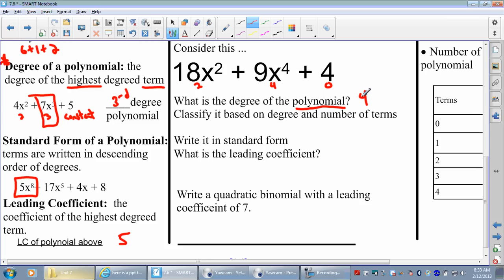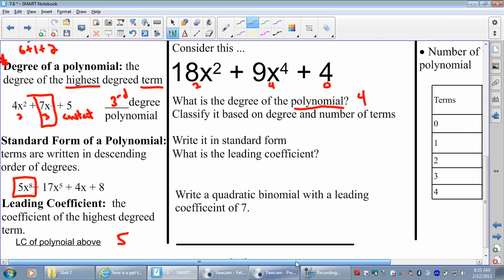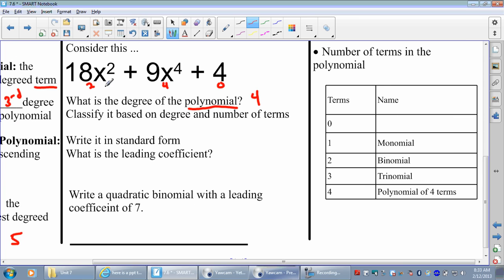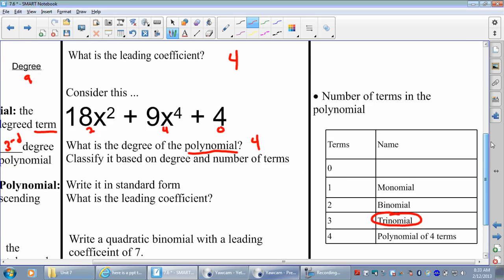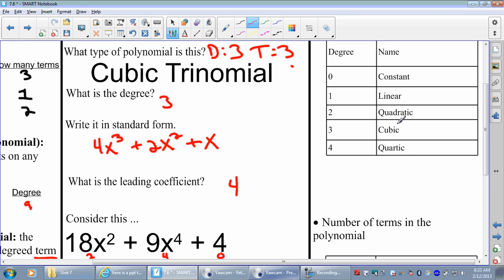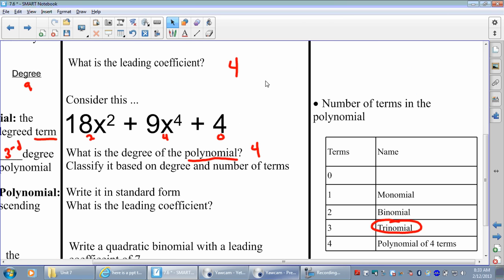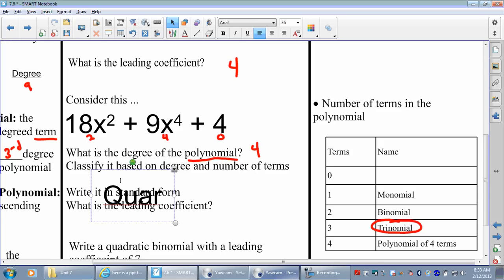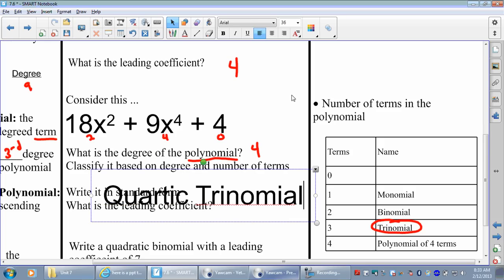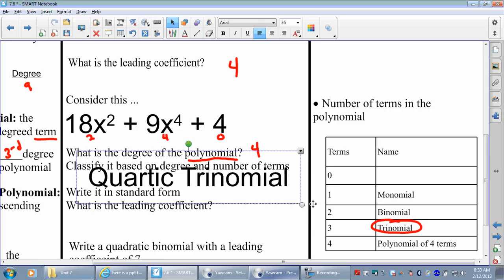It's a 4th degree with 3 terms. So 3 terms means it's going to be a trinomial, and 4th degree means it's going to be a quartic. So if we're going to classify this, then it is a quartic trinomial.